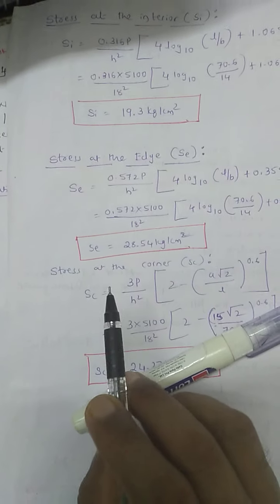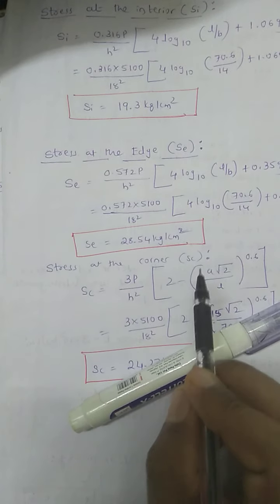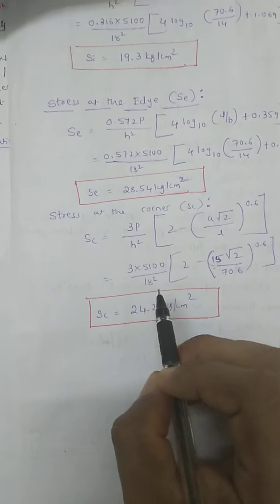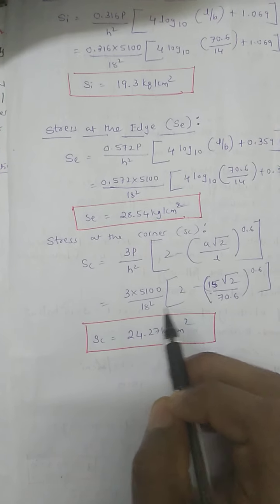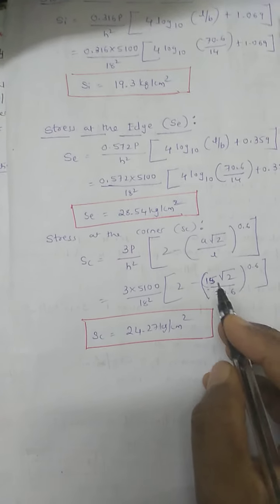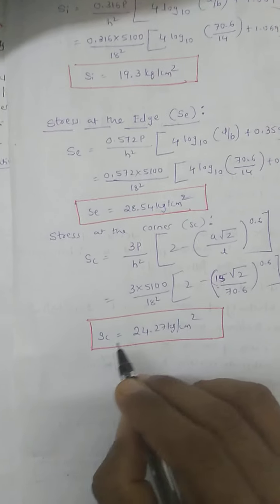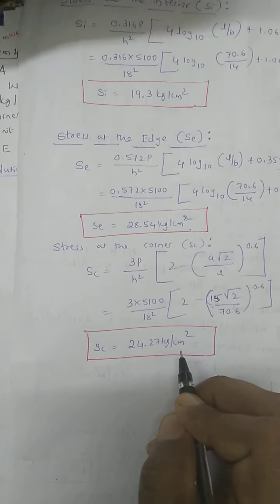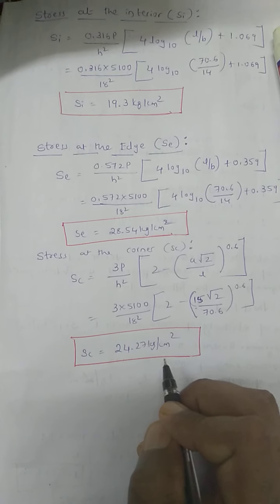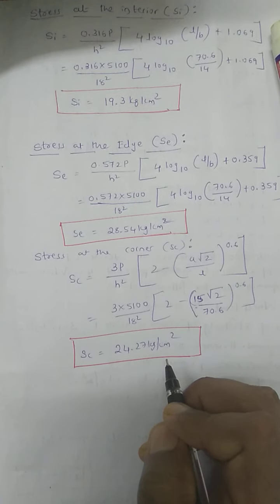And finally the stress at the corner region, this is the formula. Put the values in this equation. P is 5100, that is the wheel load, H is 18, and A, the contact area radius, is 15. So we get SC, that is the stress at the corner region, is 24.27 kg per centimeter square. This is one of the very important problems from the VTU examination point of view.